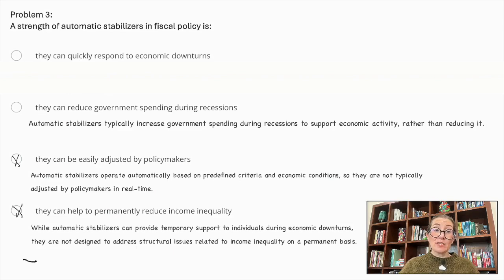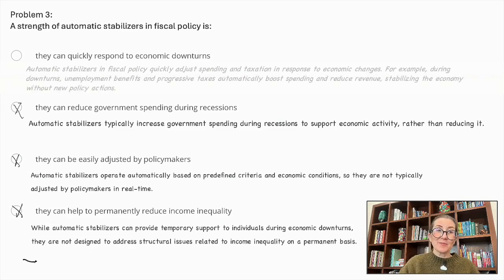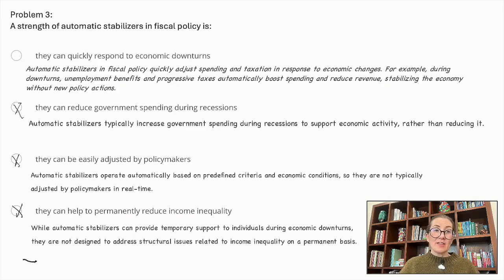Automatic stabilizers typically increase government spending during recessions to support economic activity rather than reducing it. So this is not correct. Finally, they can quickly respond to economic downturns. A strength of automatic stabilizers in fiscal policy is that they can quickly respond to economic downturns. Automatic stabilizers are built-in mechanisms that automatically adjust government spending and taxation in response to changes in economic conditions.